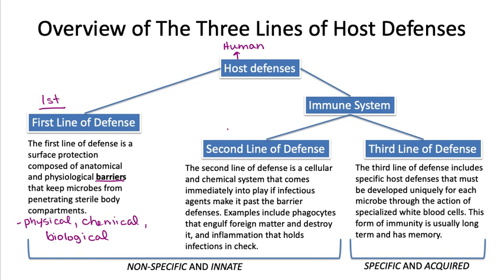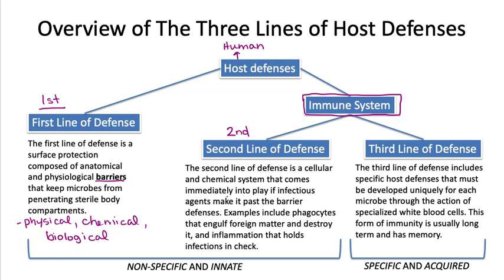Our second line of defense is going to involve a cellular or chemical response that will involve the immune system. But it's going to include things like inflammation, fever, etc. So it's a more rudimentary form of immunity compared to antibodies. So we'll cover some examples of the second line of defense.